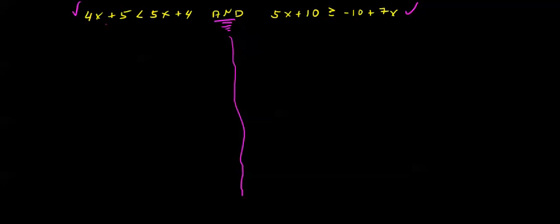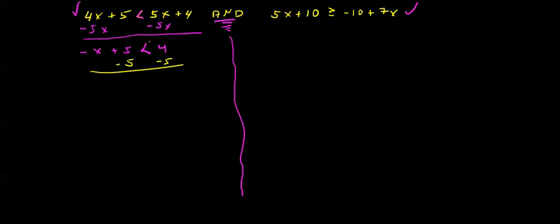Regardless of anything with inequalities, I like to have my variable on the left side. So minus 5x, minus 5x. I get negative x plus 5 less than 4. Now I'm going to subtract 5, and I get negative x is less than negative 1.